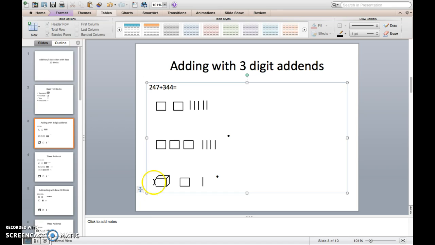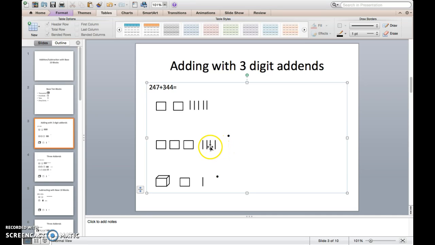Just for notes, this area down here is so that I can copy and paste each of the icons. So now I have an extra 10, and I have 1 down here at the bottom. 7 plus 4 is 11, so the 1 would be in the units place if I were adding in a traditional way. Now let's move on to the tens place.